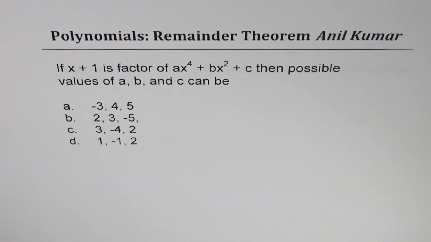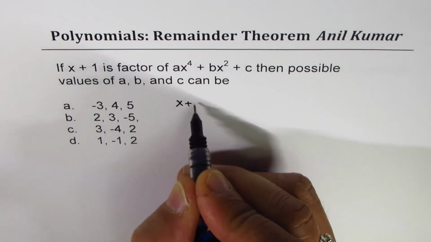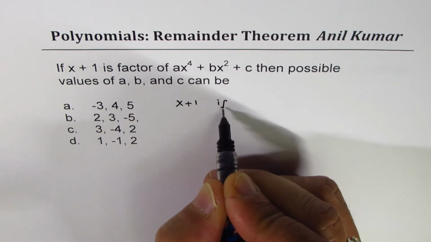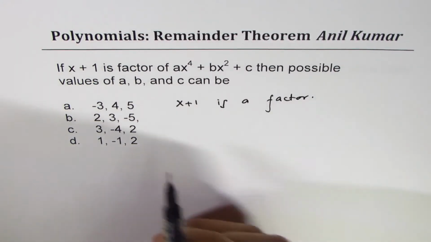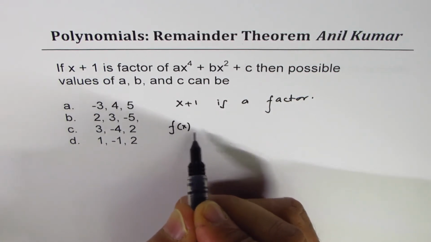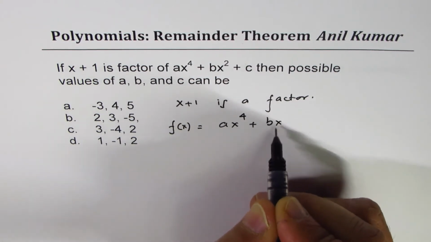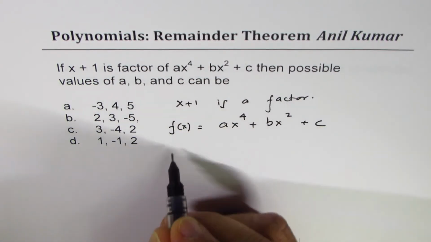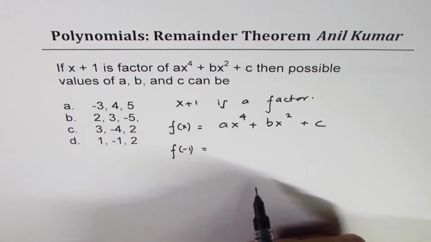Now that's extremely tricky. We are saying that x plus 1 is a factor. That means the function given to us is ax to the power of 4 plus bx squared plus c.